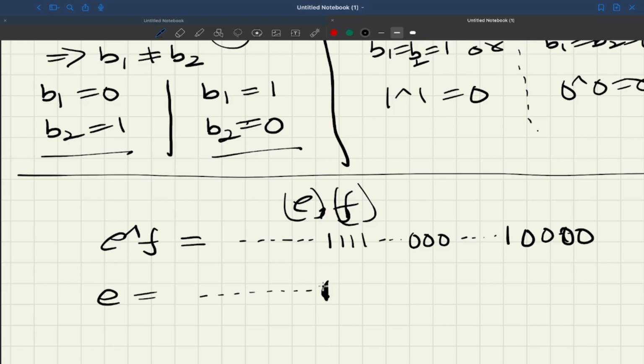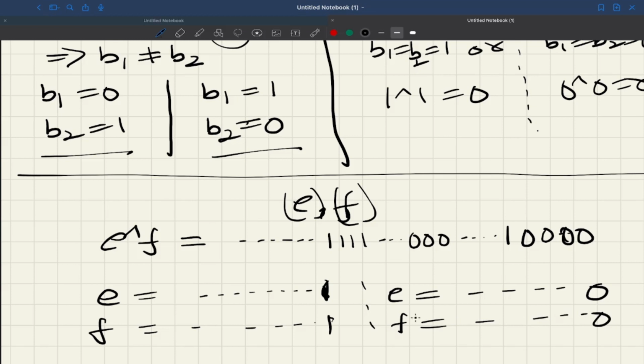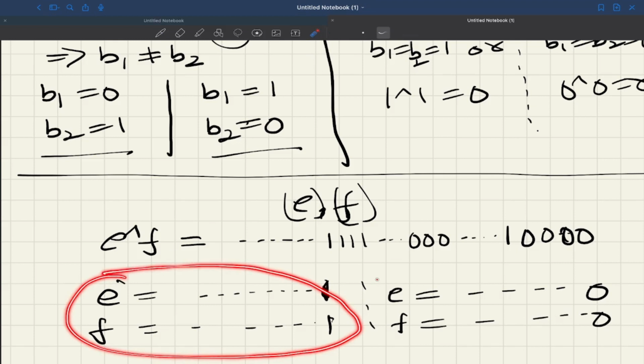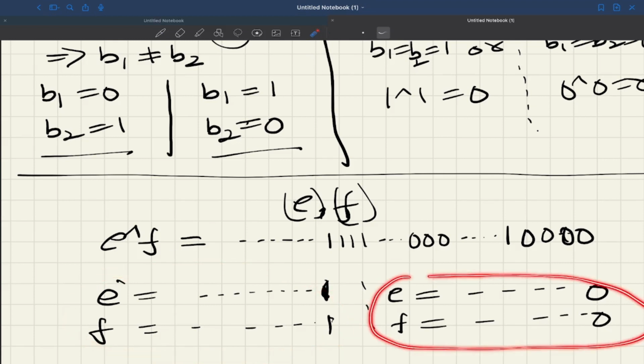If it ends with 1, then the binary representation of F also ends with 1. And if the binary representation of E ends with 0, then the binary representation of F will also end with 0. So these two cases are possible: either both E and F end with 1, or both E and F end with 0.